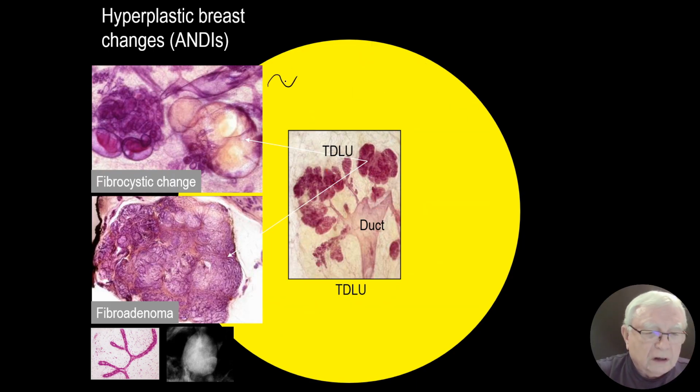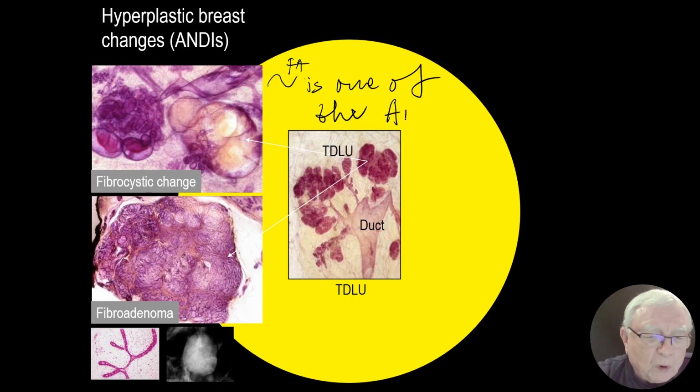Always start the sentence with this. Fibroadenoma, or fibrocystic change, or radial scar, is one of the hyperplastic breast changes where the intralobular connective tissue proliferates.